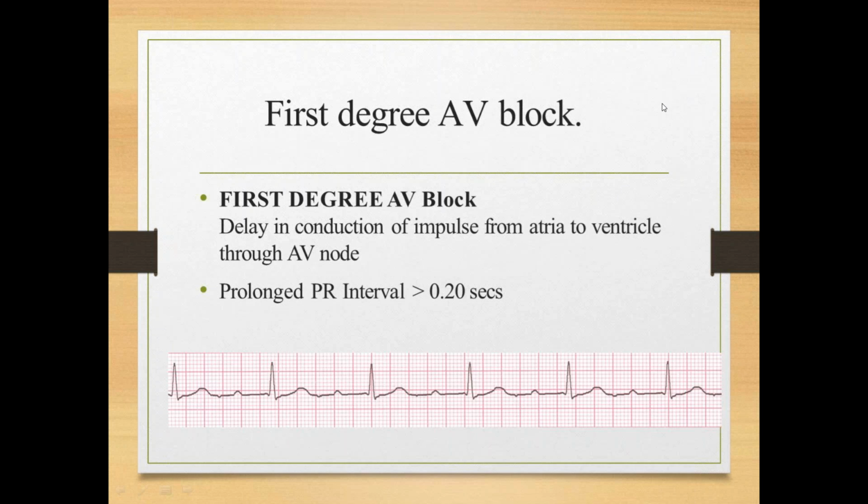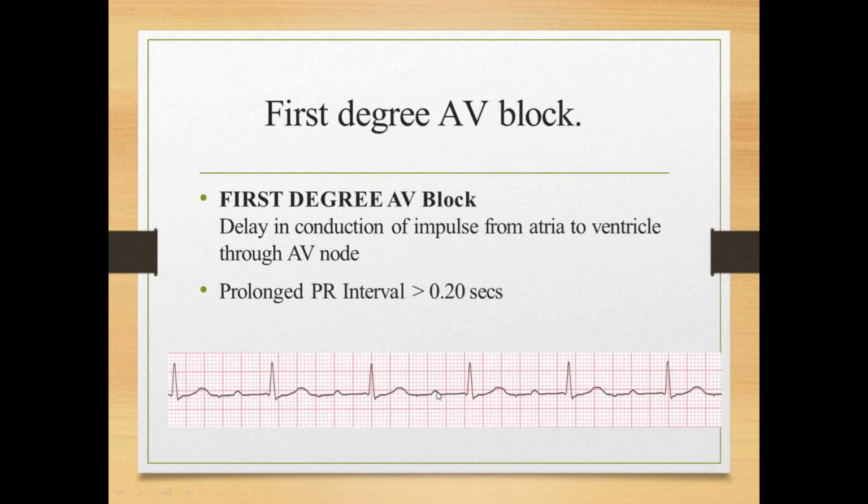So a prolonged PR interval is more than 0.20 seconds. So 0.20 seconds is one big box, right? So you get a prolonged PR interval in first degree AV block.